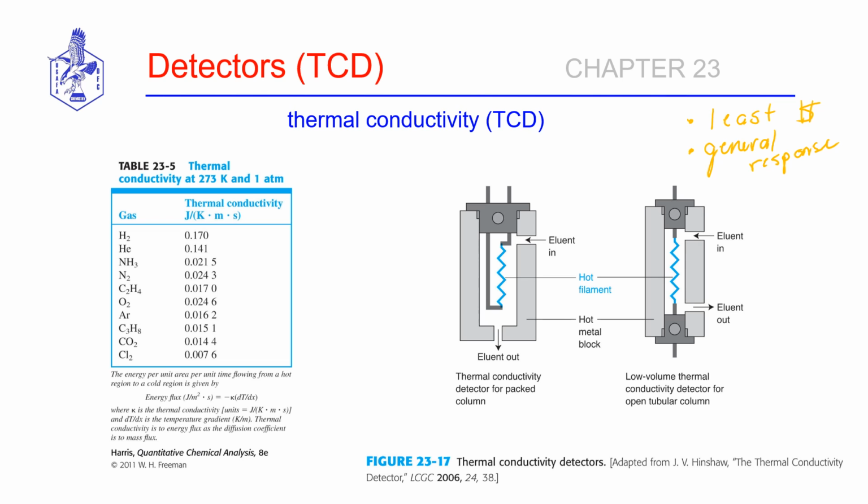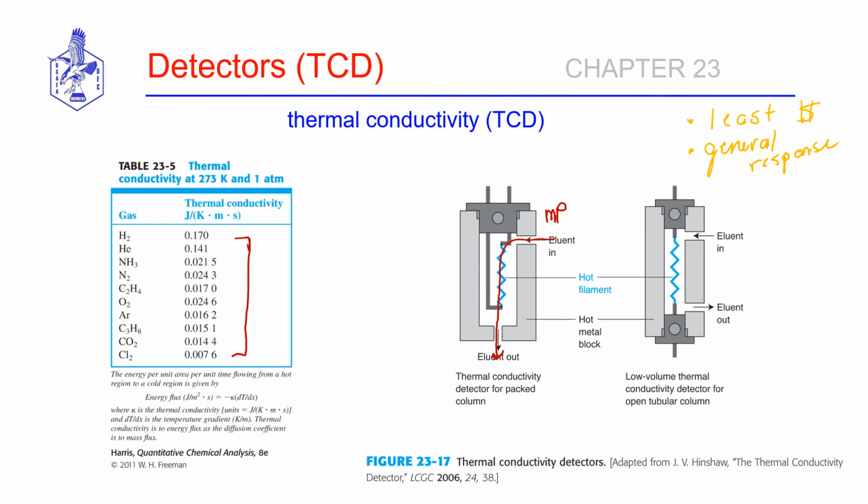So compounds all have a known and predictable thermal conductivity. If you had pure mobile phase gas coming in and flowing over this heated element, you will have a certain conductivity of the potential applied across that filament.